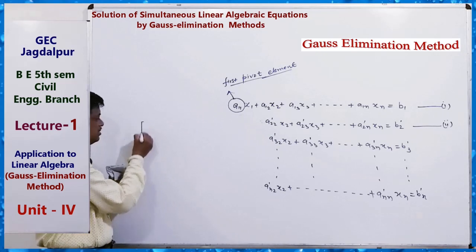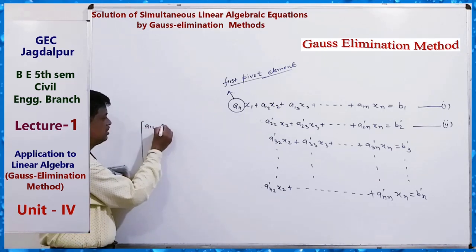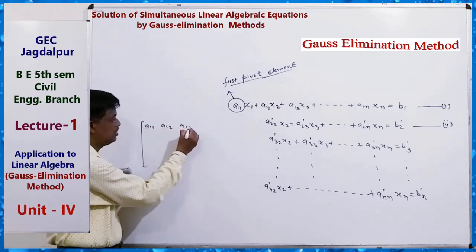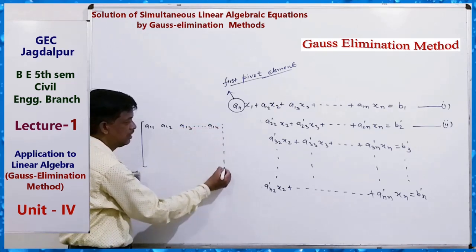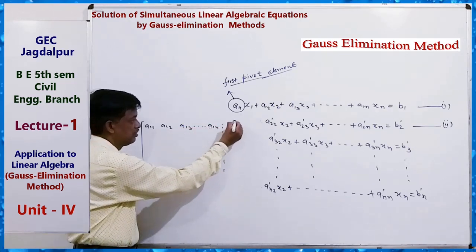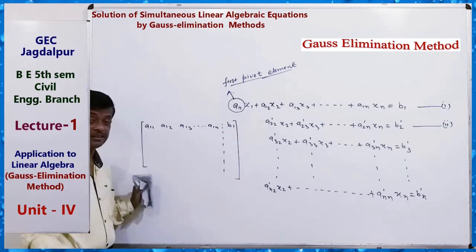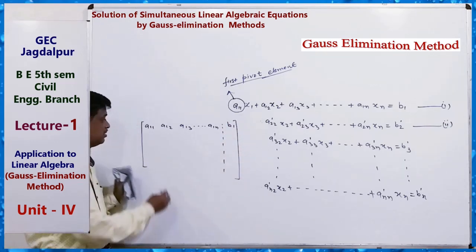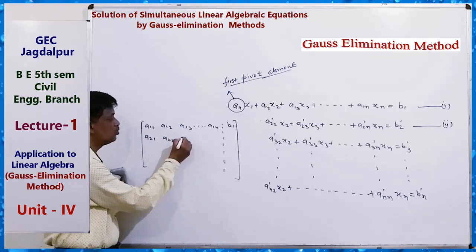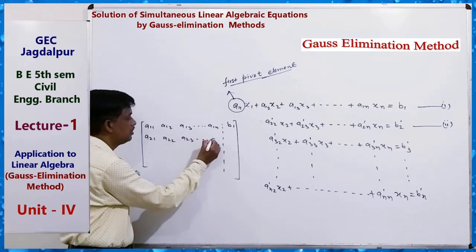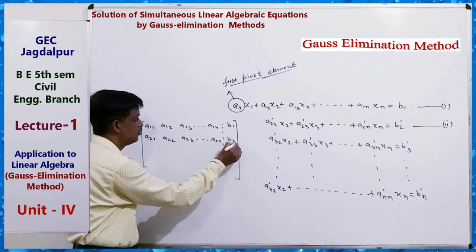Just like this, if we write the coefficient matrix, A11, A12, A13 up to A1n, and the last value B1, we write the augmented matrix. Here A21, A22, A23 up to A2n, B2.